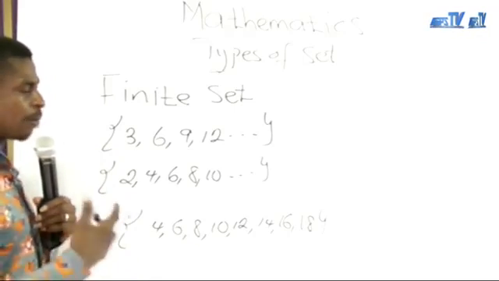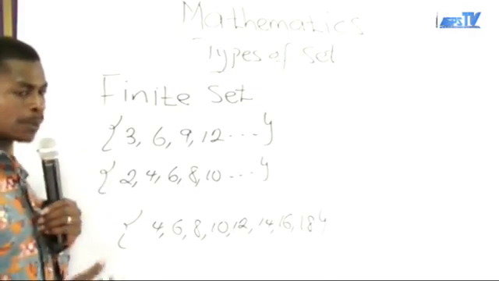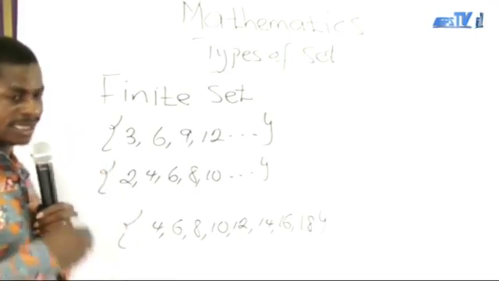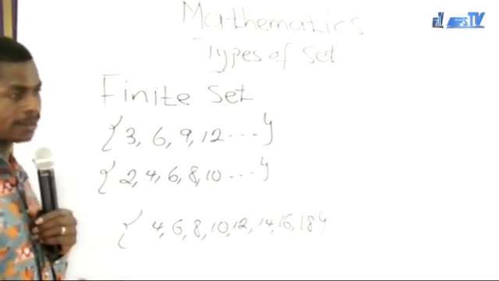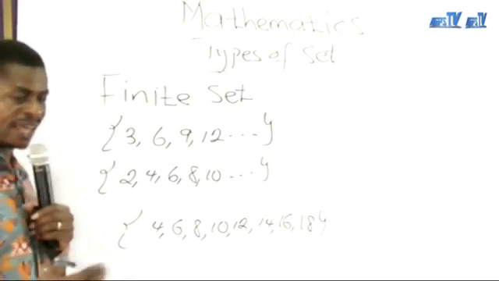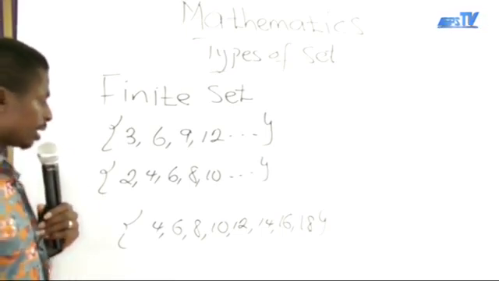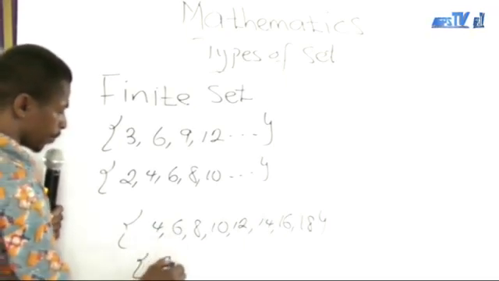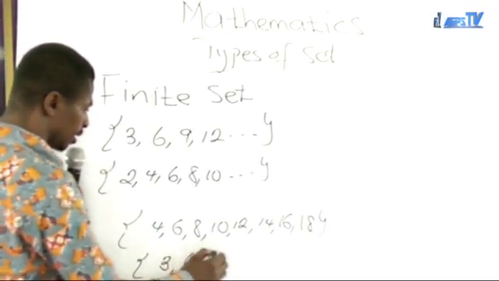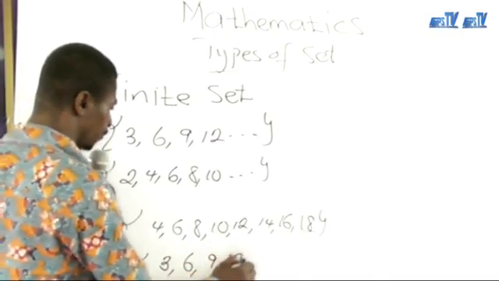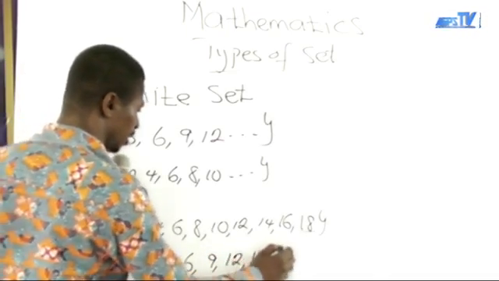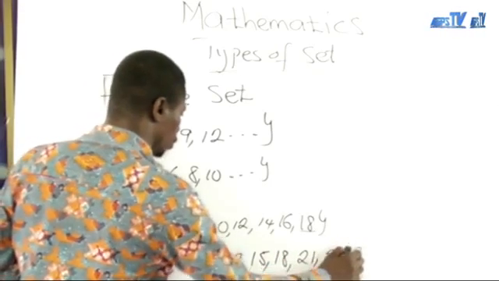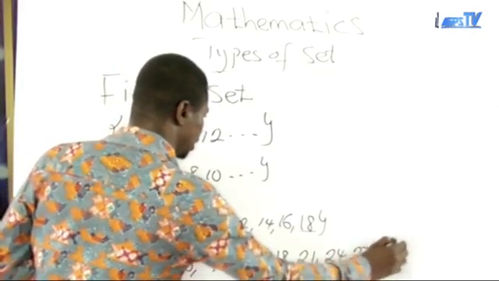Again, if I want you to find the first 10 multiples of 3, then once again, we are most likely to have 3, 6, 9, 12, 15, 18, 21, 24, 27, and then 30.